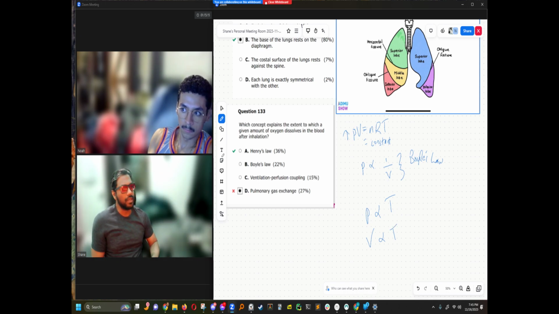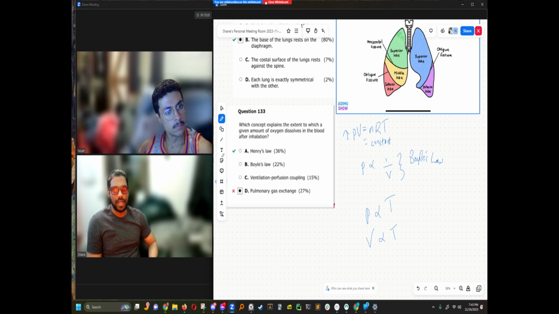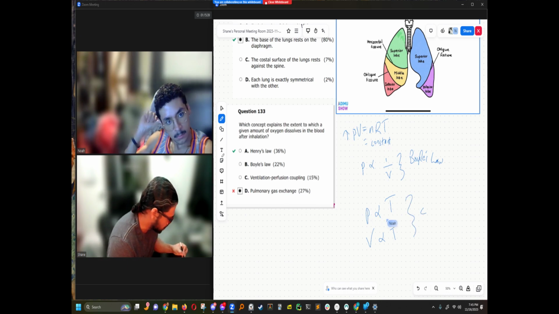These are going to be direct proportions, right? Like if pressure goes up, the temperature goes up. If volume goes up, the temperature goes up. So the relationship between these values and temperature is going to be Charles's law.